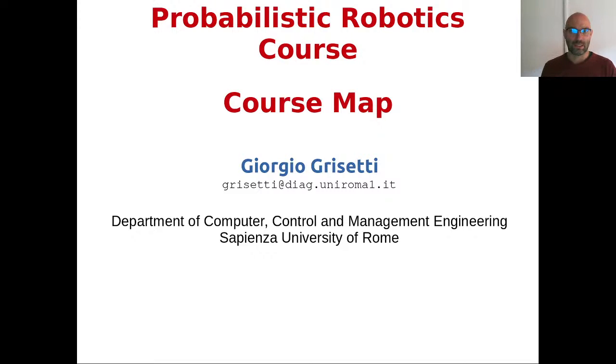Not so much a wrap up from the point of view of the single topics, but a summary of what I would like to leave you at the end of probabilistic robotics.